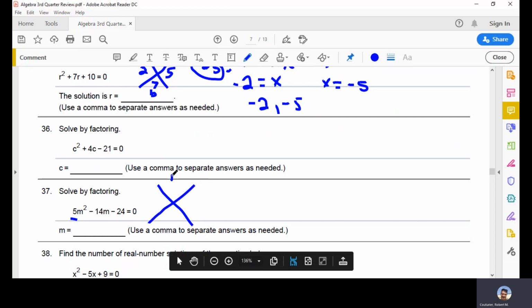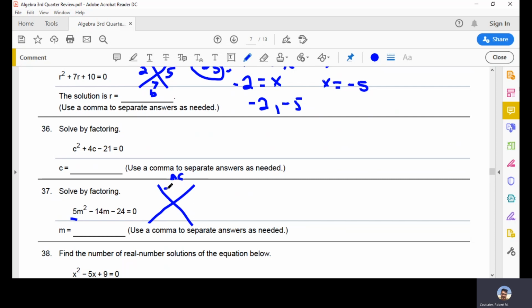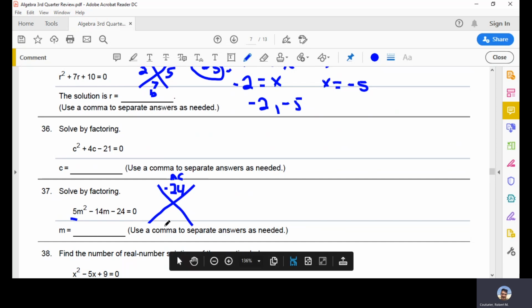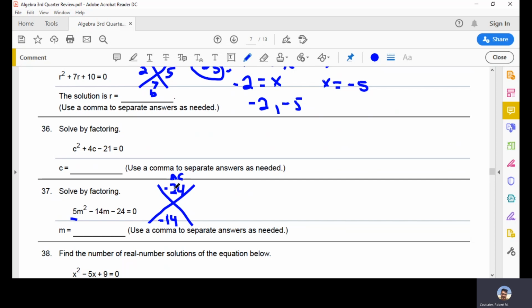It's the AC method. Again, I do not use any fancy tricks. If you know fancy tricks, great for you. Fancy tricks sometimes get us in trouble because they're easy to make mistakes. Mr. C always follows the rules and does it the right way. All right, so we've identified our C.